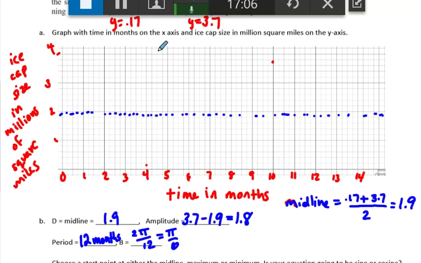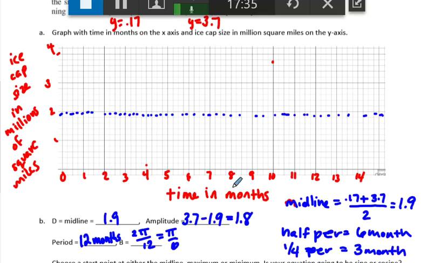And then there's the part that goes from the midline down to the bottom, and then back to the midline. So each sine and cosine graph has 4 distinct parts to it, okay? So we're going to cut it in half. Half the period is 6 months. Yeah, you're right. And then a quarter period is going to be 3 months.